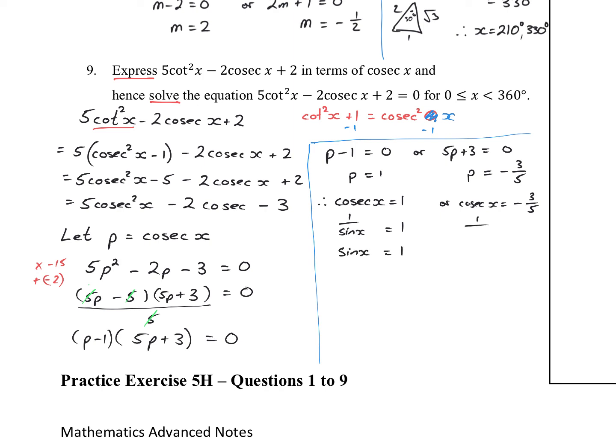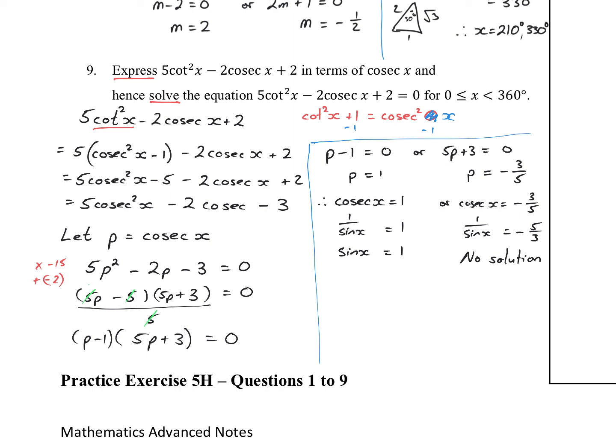Or 1 over sine x equals negative 3 over 5, so I had to take the reciprocal. I took the reciprocal of cosec, so I've got to take the reciprocal of the fraction. Is that possible? No, because it's outside of the range of our sine graph, so this is no solution.